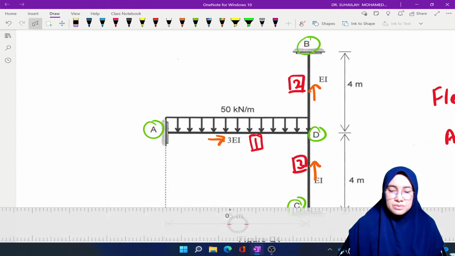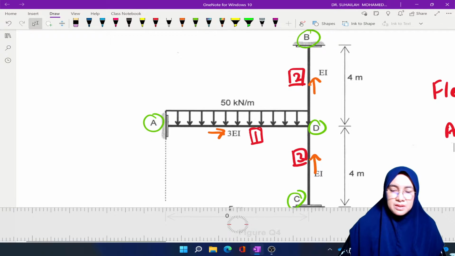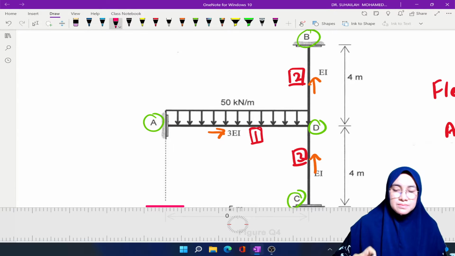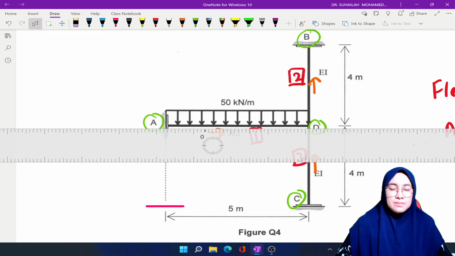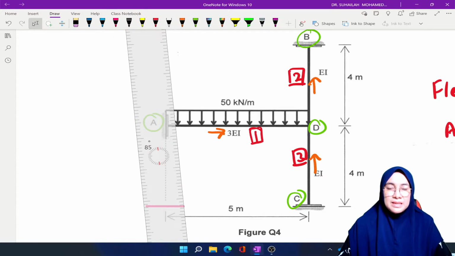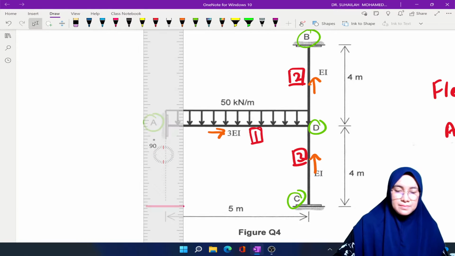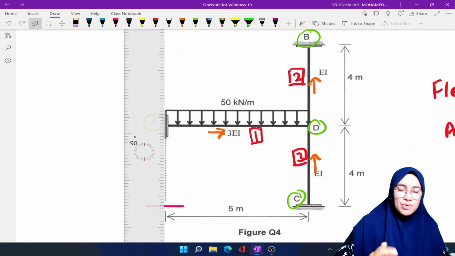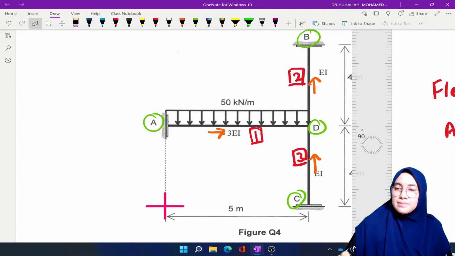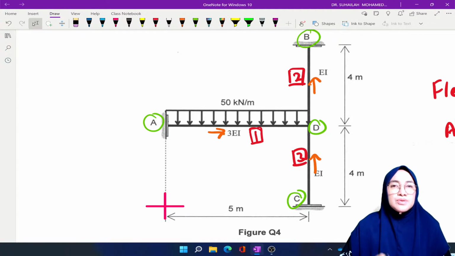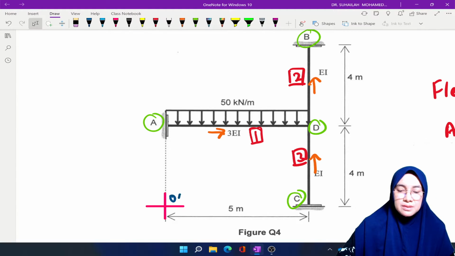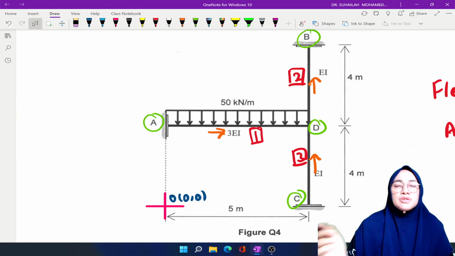So we have another coordinate here, and then here. This one I will put as origin. So this is the 0, 0 coordinate.